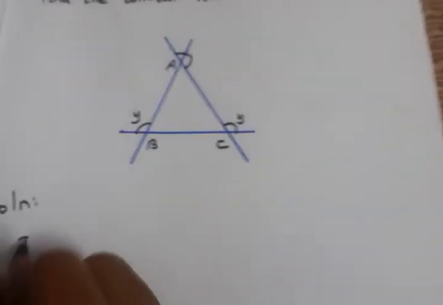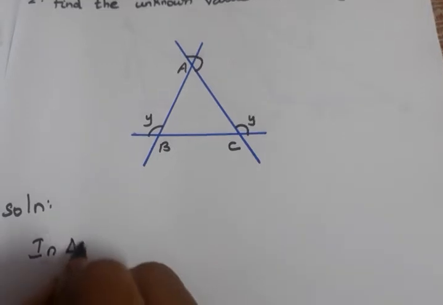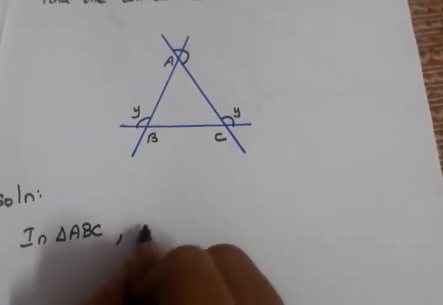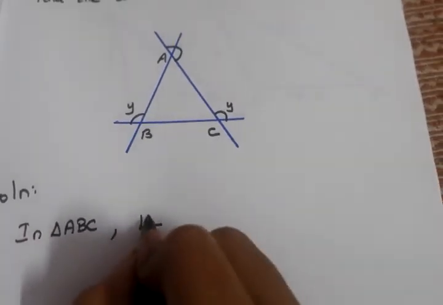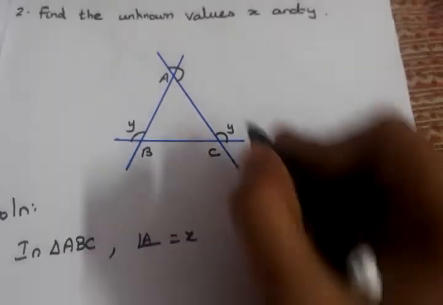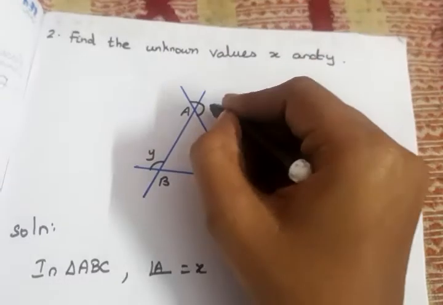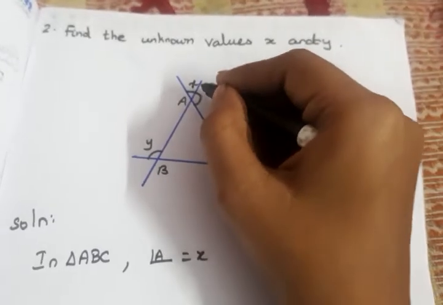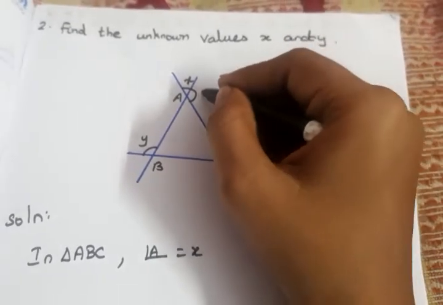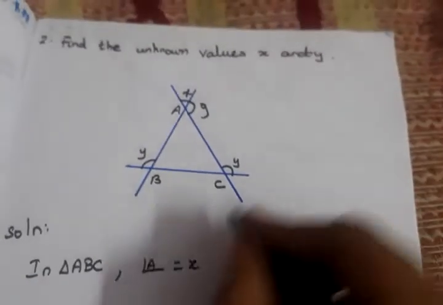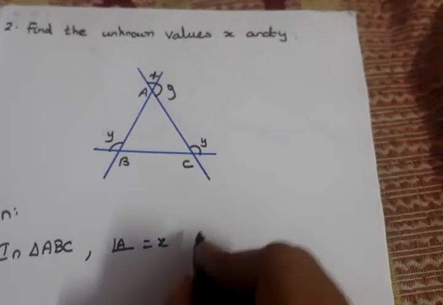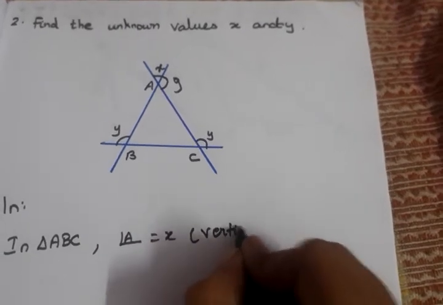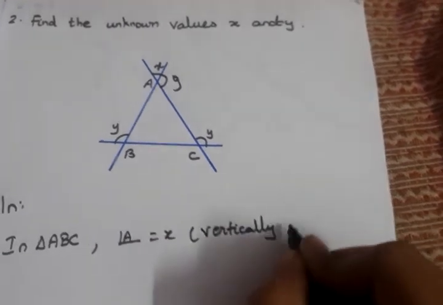In triangle ABC, angle A equals angle x. Which property? Vertically opposite angles.